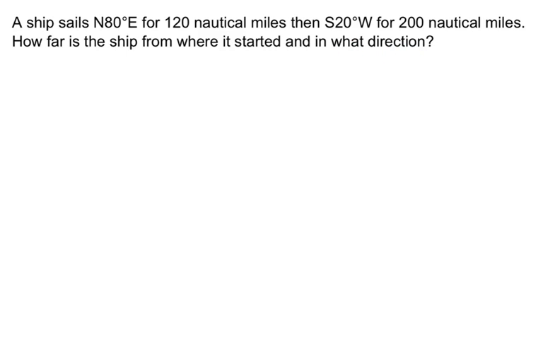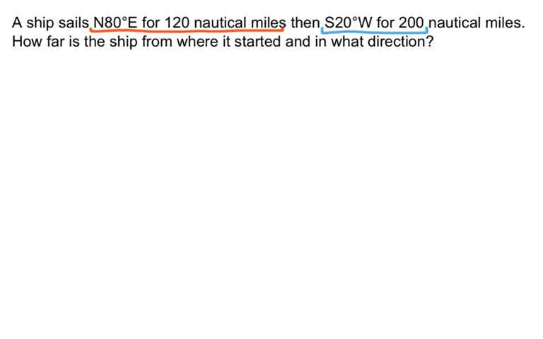So they're asking us to find the magnitude and direction of the resultant vector. All right, so a couple of things. We've got two pieces of information. We've got the ship going north 80 degrees east for 120 miles and south 20 degrees west for 200 miles.